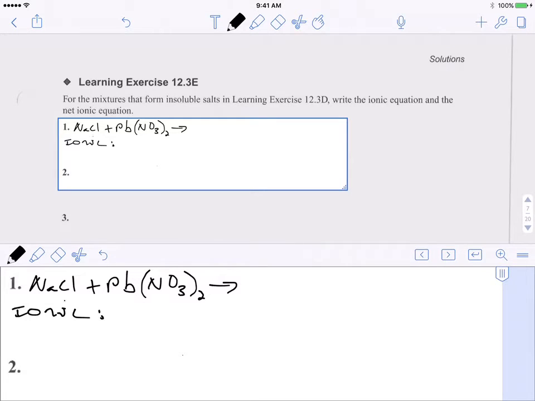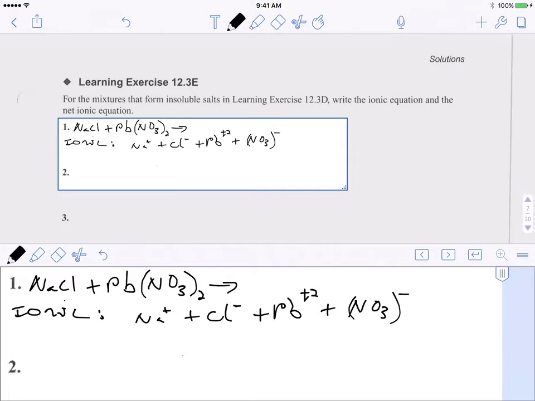Here's my ionic equation: Na plus, Cl minus, plus Pb plus 2, plus NO3 minus 1, and there's 2 of those. Cool.